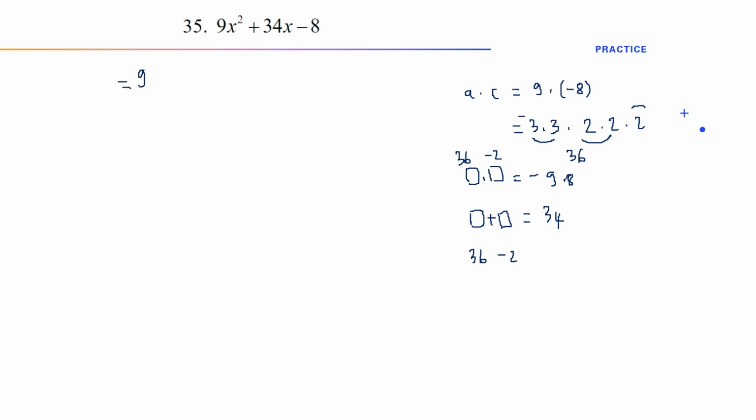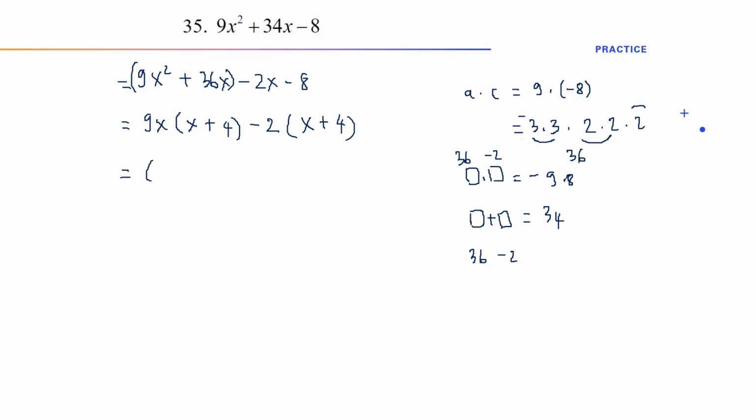We have 9x squared plus 36x minus 2x minus 8. And we group the first two and the last two. We have 9x in common, left with x plus 4. Now the second group, we take out the negative 2 and we have x plus 4. Now what is in common? x plus 4 times what is left inside, 9x minus 2.